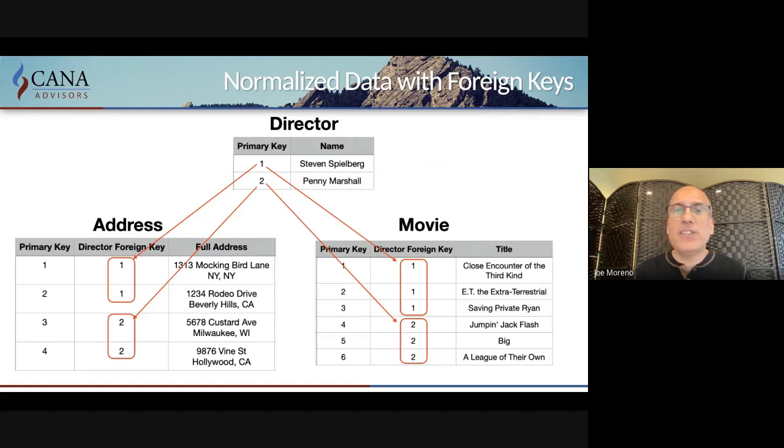And that's the only change you would need to make. If you went to the movie table and looked at row 6, A League of Their Own, if you wanted to know who directed that, you would follow the foreign key 2 to the primary key 2 in director table, and the name would be Penny Spielberg. That's why we relate database tables.